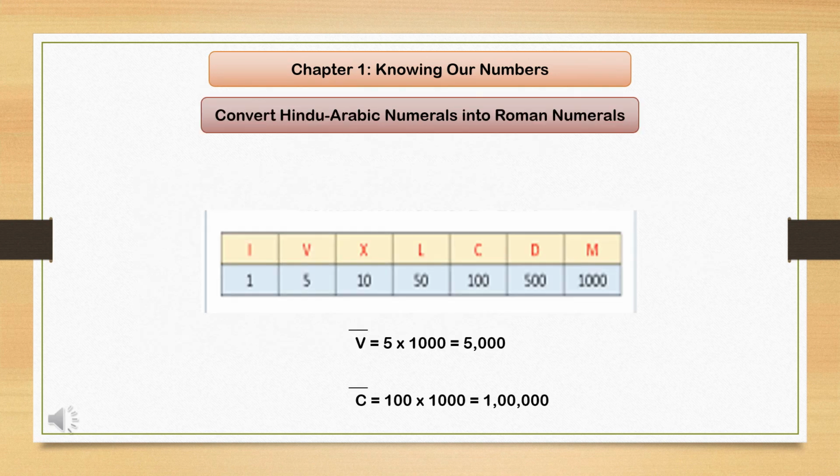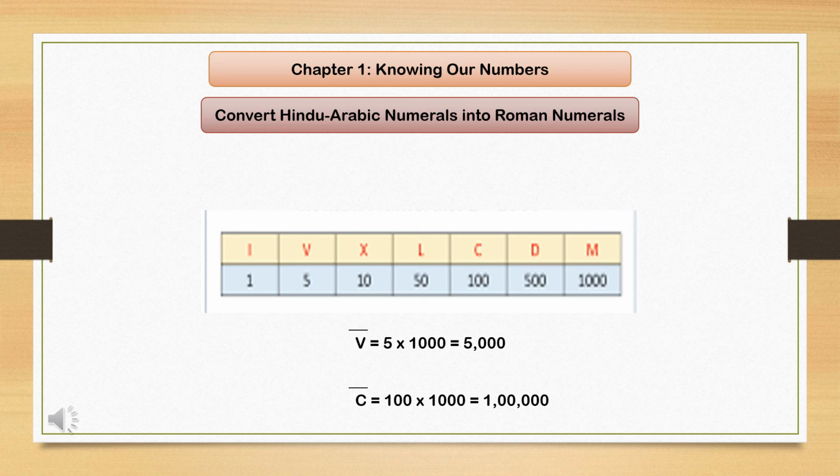Learned about Roman numerals. Now let's have a short activity upon it. Let's learn how to convert Hindu-Arabic numerals into Roman numerals. It sounds fun, right? That we will be converting numbers into symbols. Now, before that, you all should be well aware of the symbols for certain values.